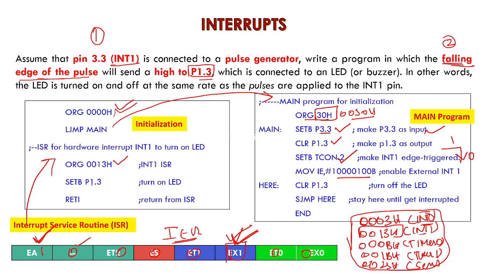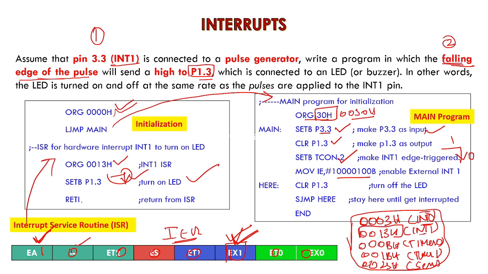Then see, I want to glow the LED, right? So this instruction will turn on the LED, right? It will turn on the LED by what logic? By the falling edge of the pulse. That is very important because you enabled TCON.2, so your LED will glow at the falling edge of the pulse.